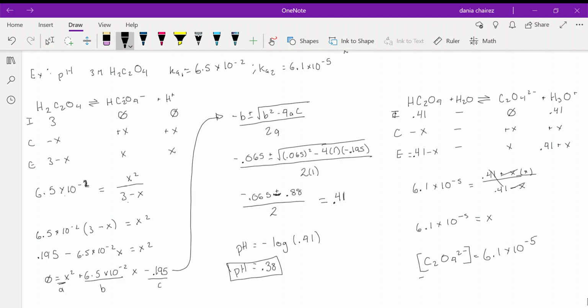So your final concentration of everything else, like your H3O plus ion, would be 0.41 molar. So yeah, like I said, for multiple choice, figure out your x value using your first Ka and plug that into your pH equation, and you should be good. So that's pretty much it for polyprotic acids.